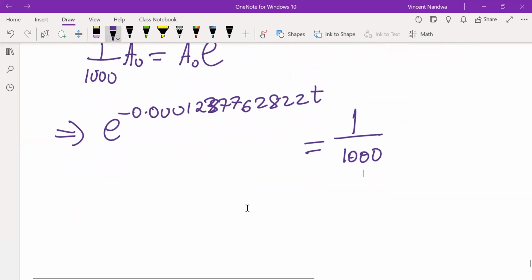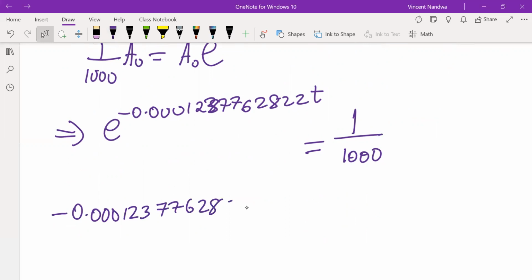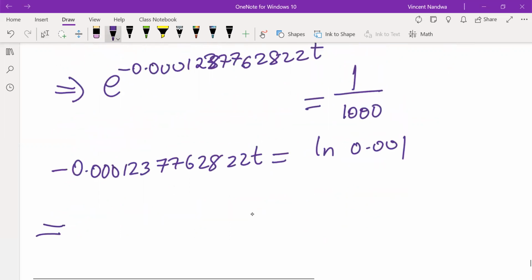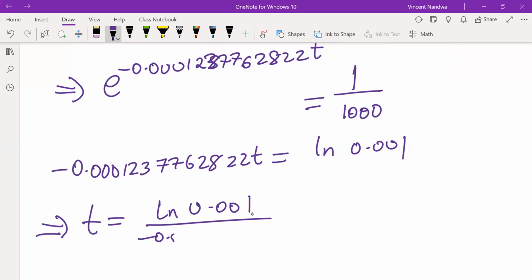Now, introducing ln on both sides, we have negative 0.0001237762822 t equals ln of 0.001. So t will be ln of 0.001 over negative 0.0001237762822.